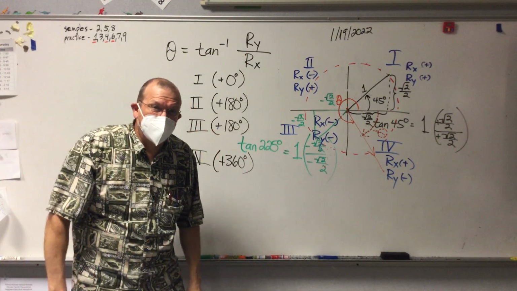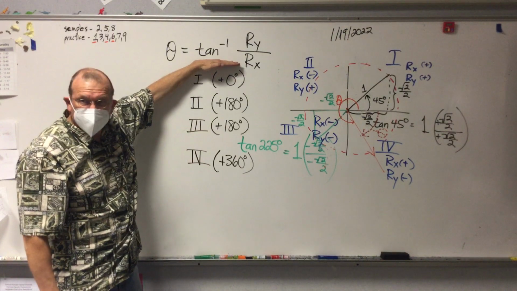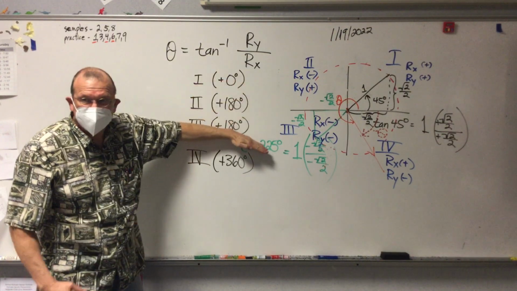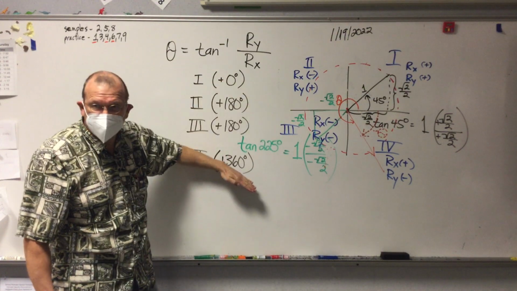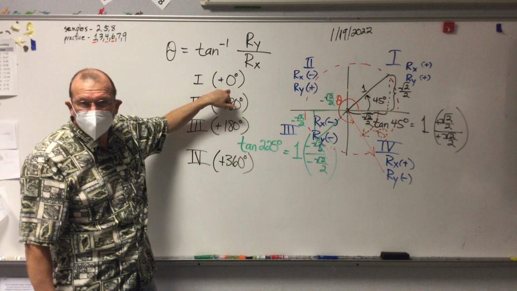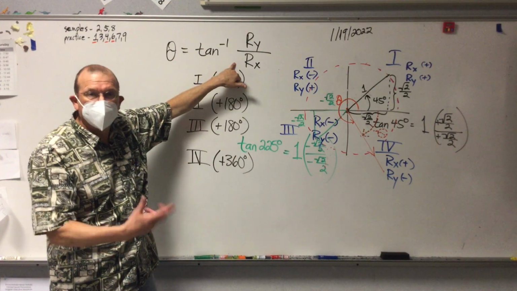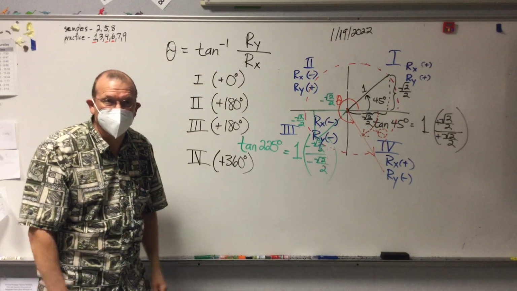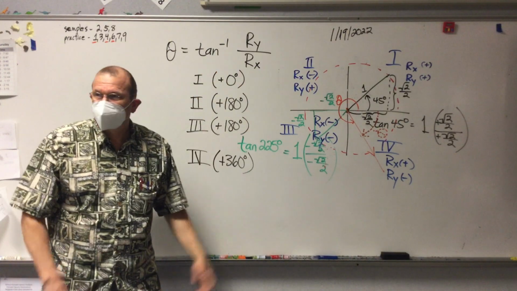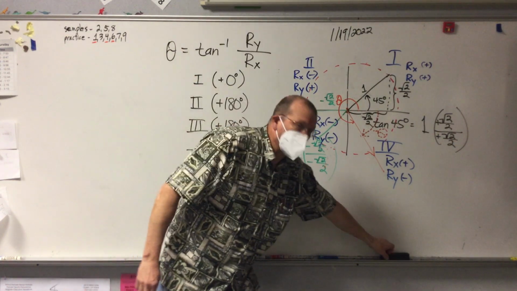Just remembering this is one thing, but then this is the extra that you need to keep in mind. And if you forget this, unless you're in the 1st quadrant, if you just write down what your calculator gives you, it won't be the right value. So there'll be some kind of a ding on that one. Okay, you guys get this? All right? I hope you guys can see.